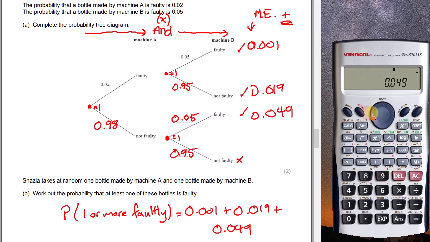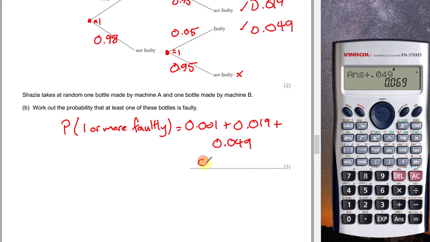Sorry, that should be an extra 0 in front of that one. That gives me my 0.02. That's those two added together. Gives me the 0.02 here, plus this next one. And that gives me 0.069. That's the long way.